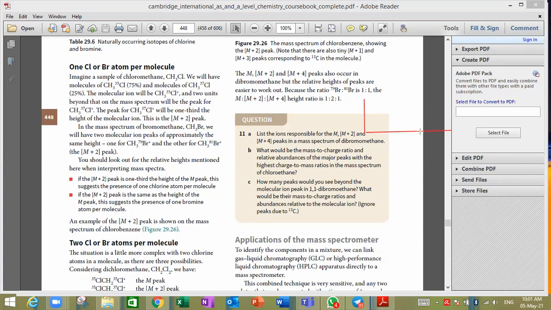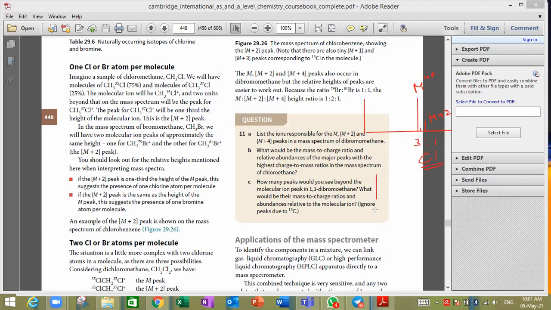If this is the molecular ion peak, and after 2 units we get another peak that is only 1/3 the one before it, this is the M plus 2 peak. The ratio of the heights between the molecular ion peak and the M plus 2 peak is 3:1. This means that we have a chlorine atom inside our molecule.